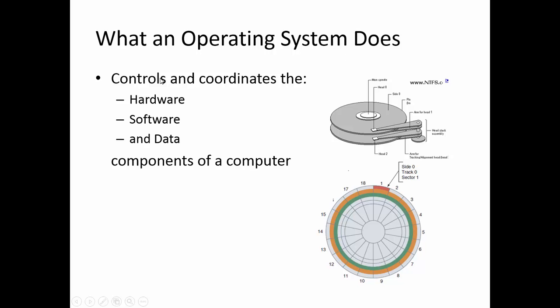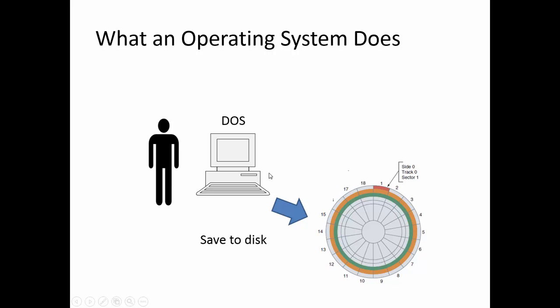So let's answer the question, what does an operating system do? An operating system is a piece of software that controls and coordinates the hardware, software, and data components of a computer. Here's the example. Let's look at old DOS. It stands for Disk Operating System, and it's a good name because it helps us to access the hard disk.